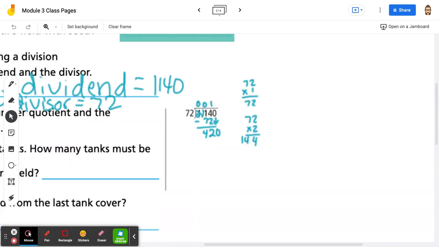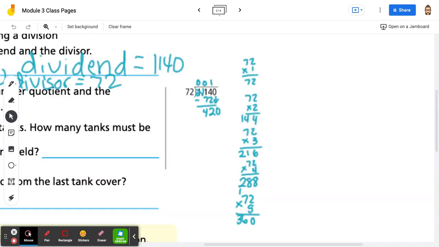We can keep going. 72 times 3 is 216. 72 times 4 is 288. 72 times 5, 5 times 2 is 10, 35, 36, 360. 72 times 6, 6 times 2 is 12, 6 times 7 is 42 plus 1 is 43.